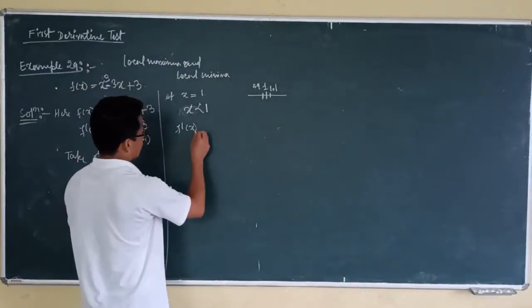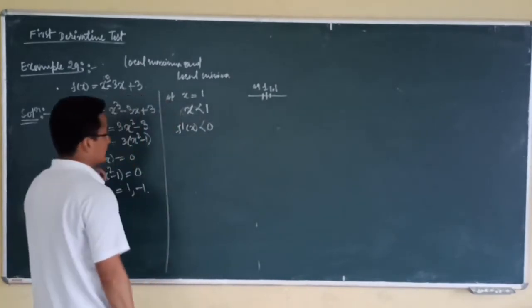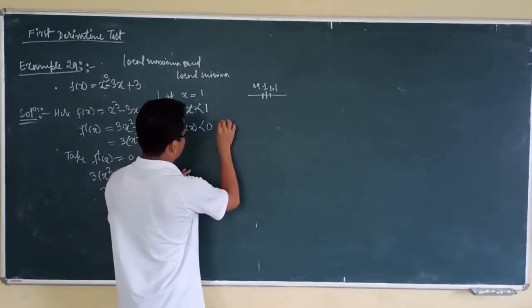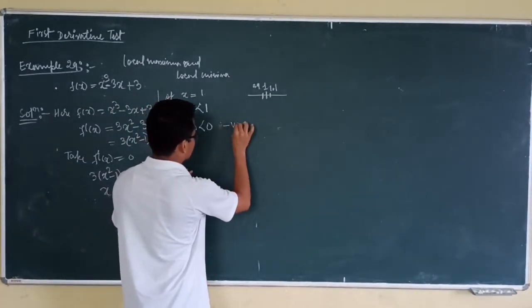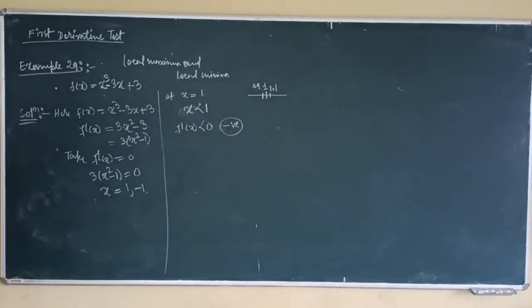This is negative, that means 0 is greater than that, so the function's derivative is negative.